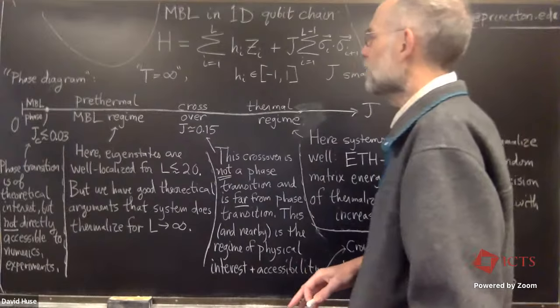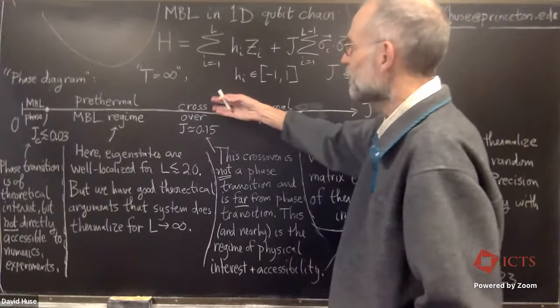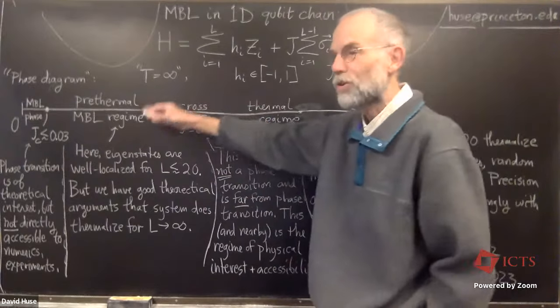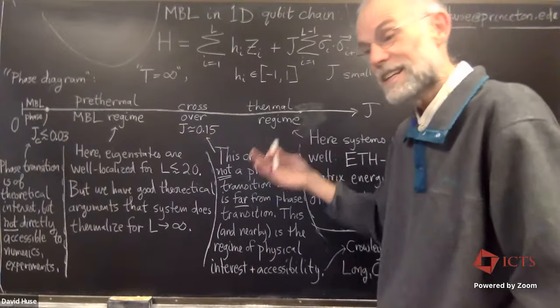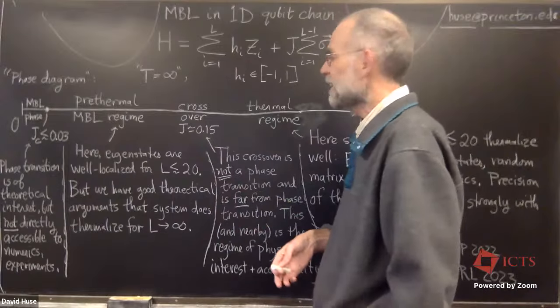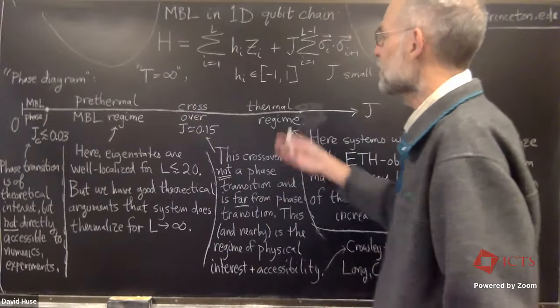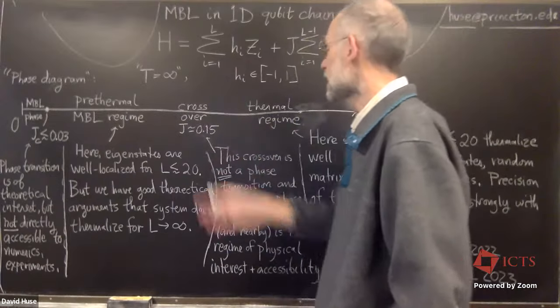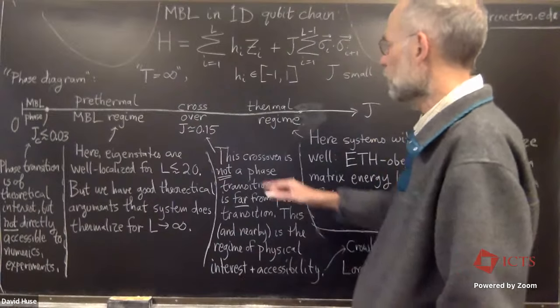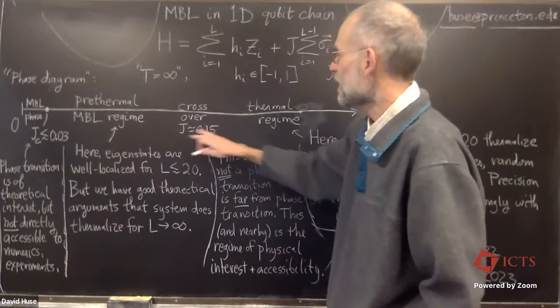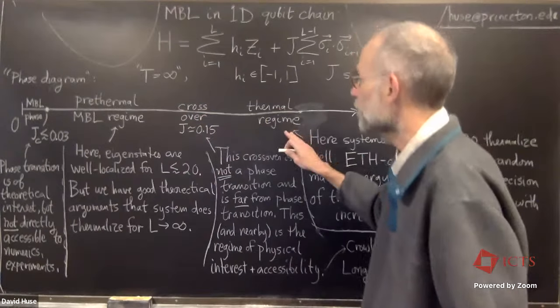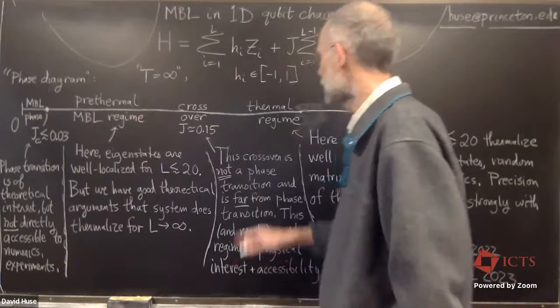And I think now we realize, now the conclusion is it's just a crossover. It's more like a glass transition, which is in the dynamics, but it's not anything sharp. It's just a very strong change in the dynamics. So the current picture of this is this crossover from thermal to pre-thermal MBL.